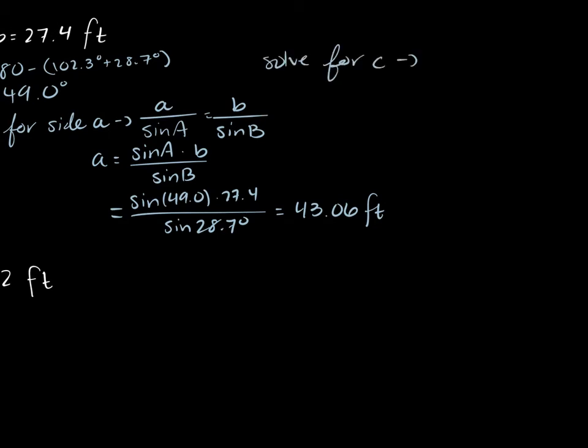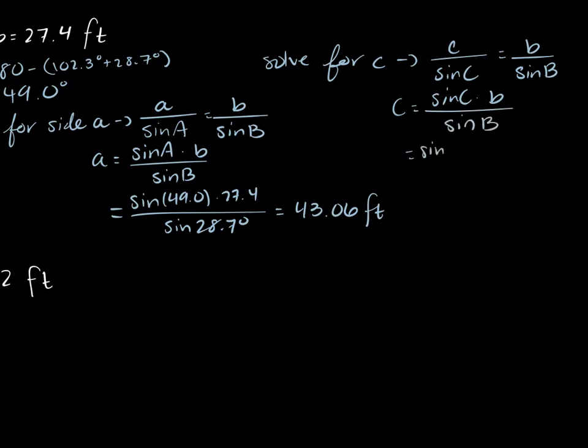Now the next thing we're going to do is solve for c. It might be habit to just reach for Pythagorean's theorem to solve for the last side. You cannot do Pythagorean's theorem with oblique triangles though. Pythagorean's theorem works solely with right triangles. So what we have to do instead is the exact same steps we just did, but this time replacing a with c. So side c over sine of C is equal to side b over sine of B. So side c is equal to sine of C times b over sine of B, and then plug in.